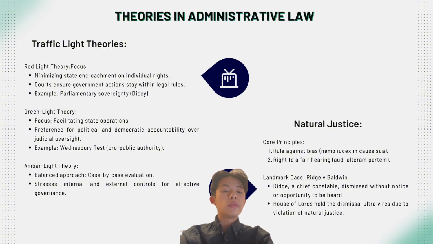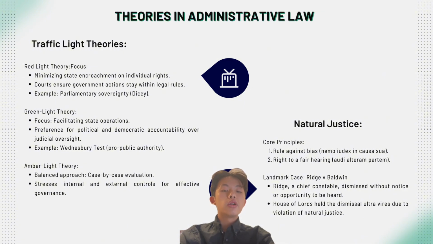Another theory of administrative law stems from the notion that not only should justice be done, but it should also be seen to be done. The roots of natural justice are common law roots that are as ancient as the justice system itself.